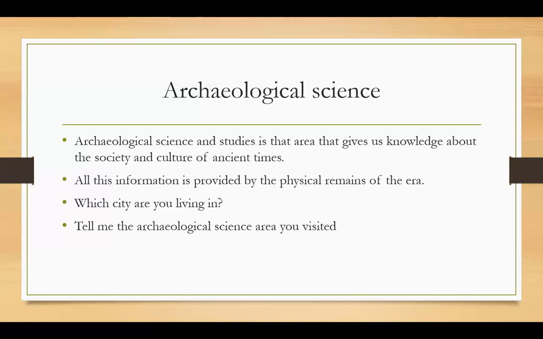They saw Indians maybe defecating in the open, and they thought that inventing the toilet was their own achievement. Now they were very surprised that it was there thousands of years before, right? All this information is provided by the physical remains of the era.